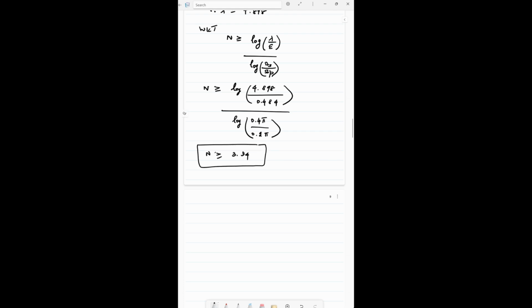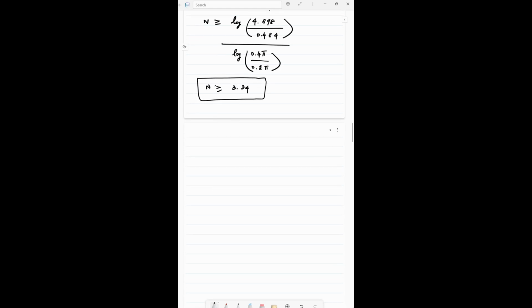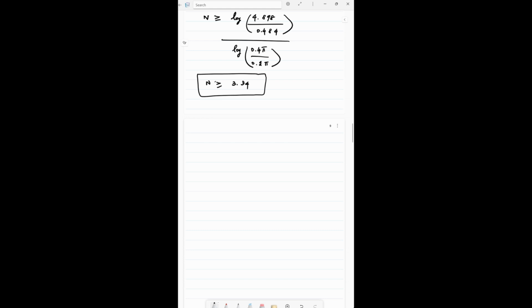So solving, we'll be getting the value of n as 3.34. Next step is to round off this to the next highest integer, which is 4. Then we have to write down the transfer function.